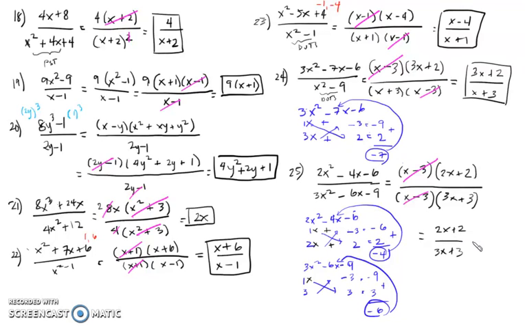But I can still factor out 2 on the numerator and 3 on the denominator. So that gives us 2 times x plus 1 all over 3 times x plus 1. Then I can further cancel out x plus 1. So my final answer is 2 over 3.